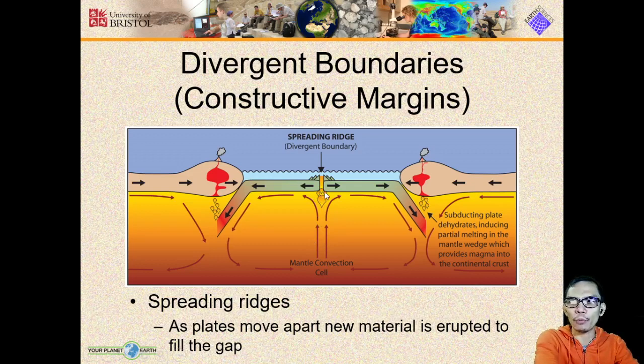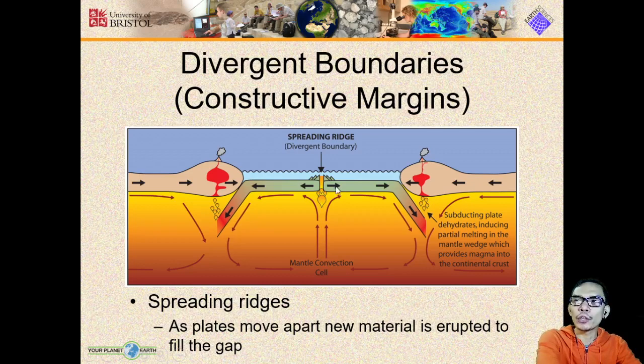When this new material goes up from the mantle, the ridge is somehow spreading away from each other, moving away from each other, thus pushing the plate in this direction, to the right, and pushing the plate in this direction, to the left, and pushing the plate in this direction, to the right.